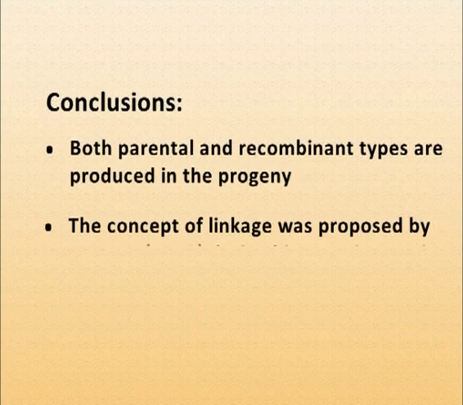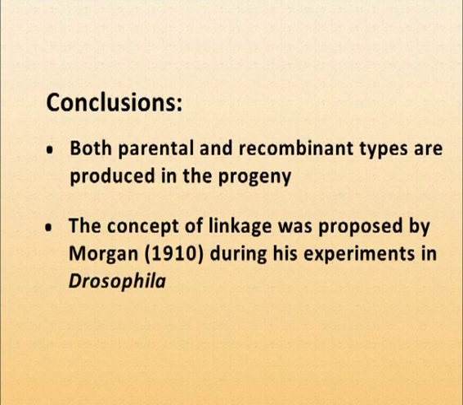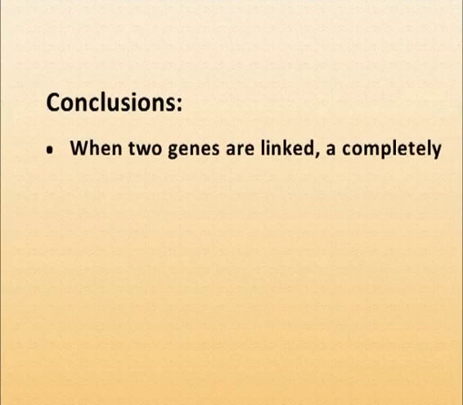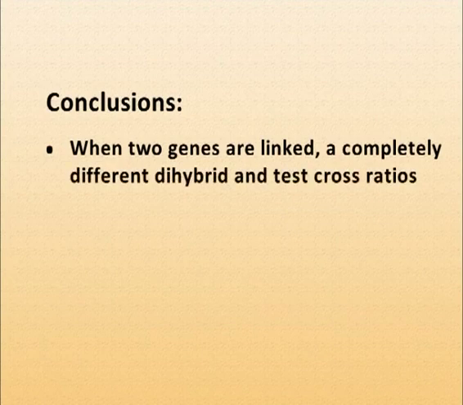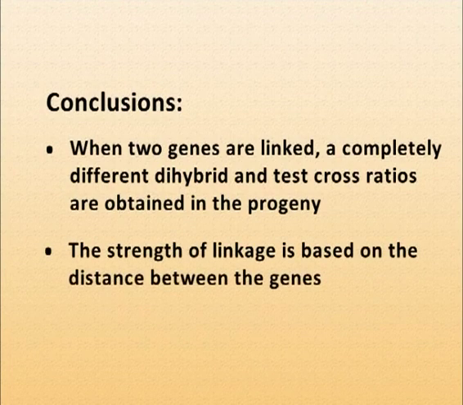The concept of linkage was proposed by Morgan in 1910 during his experiments in Drosophila. The genes present on the same chromosome tend to be inherited together and are said to be linked. When two genes are linked, completely different dihybrid and test cross ratios are obtained in the progeny. The strength of linkage is based on the distance between the genes.